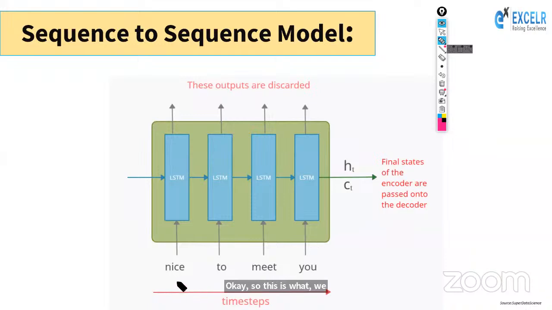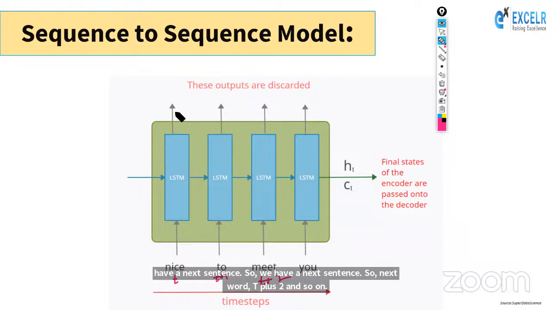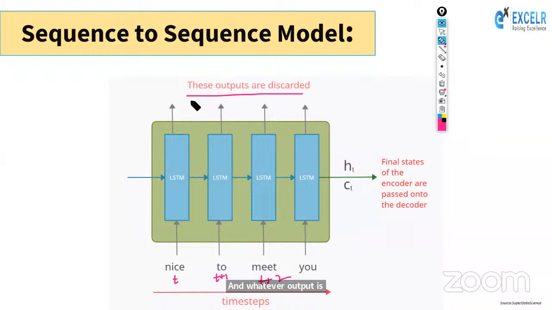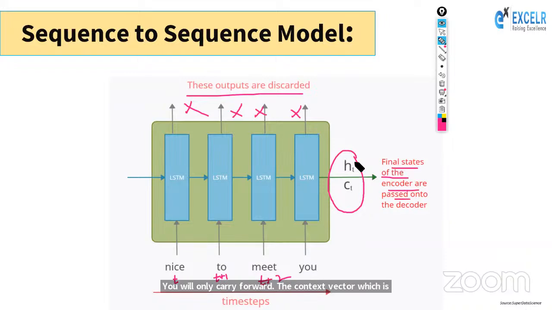For each and every time instance, like at the time instance t, we have t plus 1, the next word, t plus 2, and so on. And whatever output is being generated by these LSTM cells, all of these outputs are discarded. We will only carry forward the context vector, which is nothing but the final state of the encoder, the hidden state output and cell state output from the last LSTM cell.